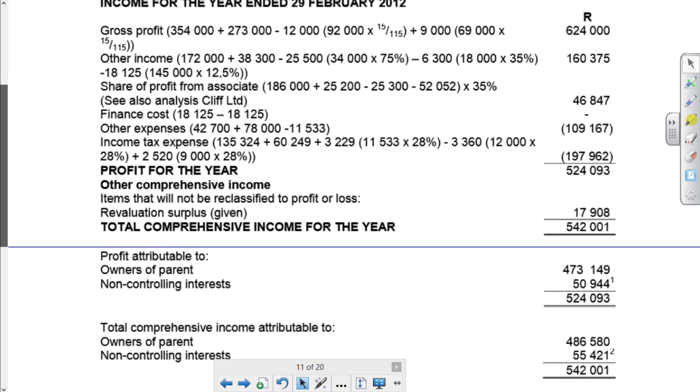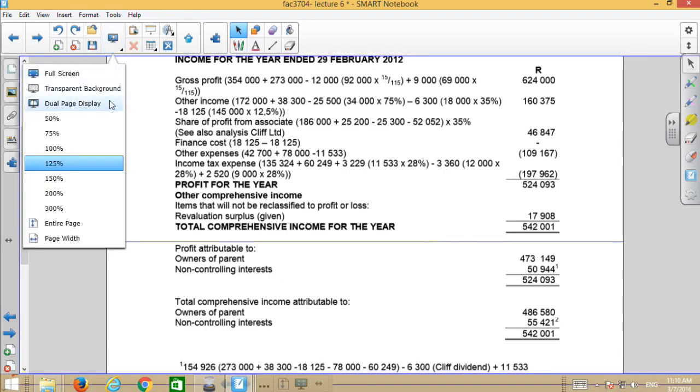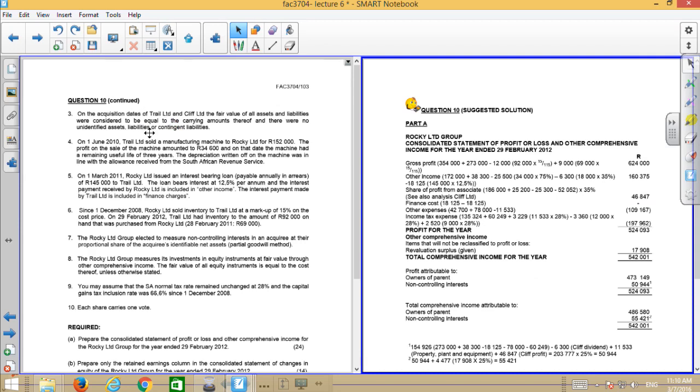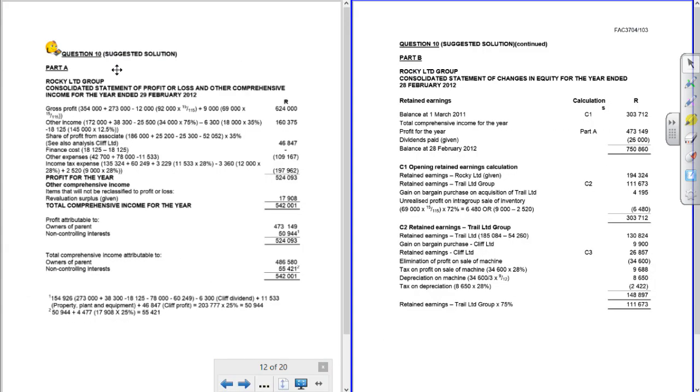Let me do a 2-pager. Okay, so that's just for format, which is what I expect you to be able to do as a starting point once you've got a feeling for what's happening in the question.